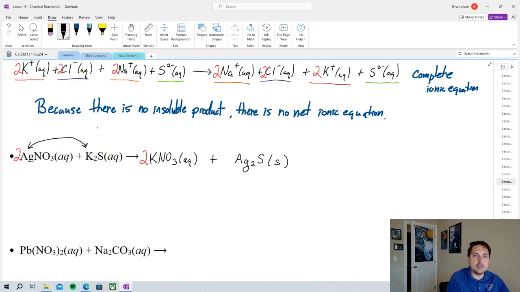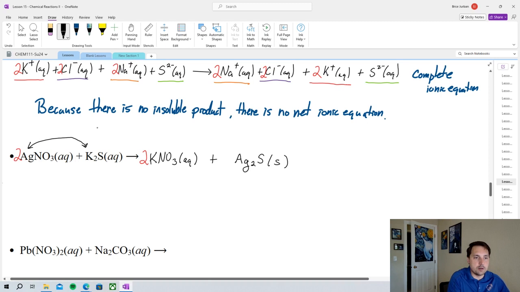Okay, so let's go ahead and write the complete ionic equation. I'll just write the coefficients in black here.